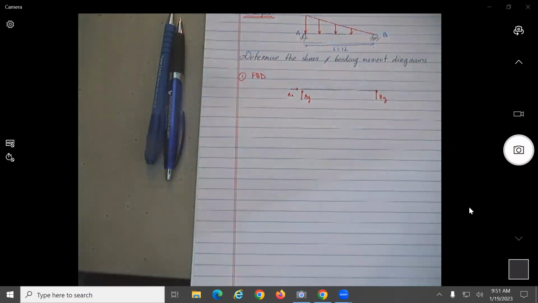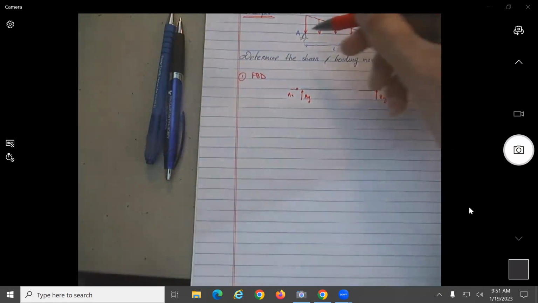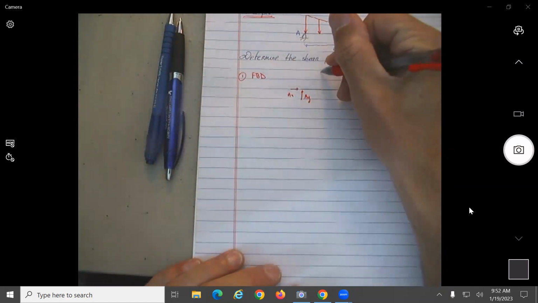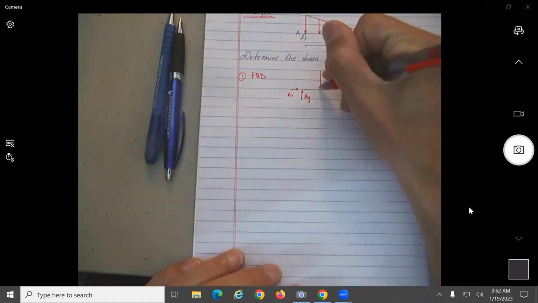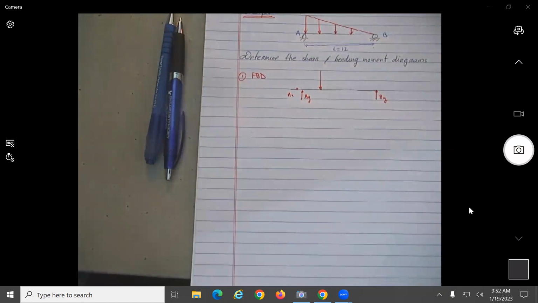Next, what can we do with the load? At what location? One third from the right, perfect. So let's say the force will be here. Maybe my sketch is not that good. What should be the magnitude of that force? Divided by 2, this is a triangle, no?